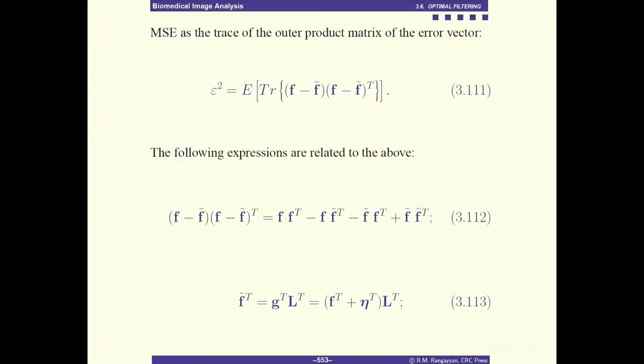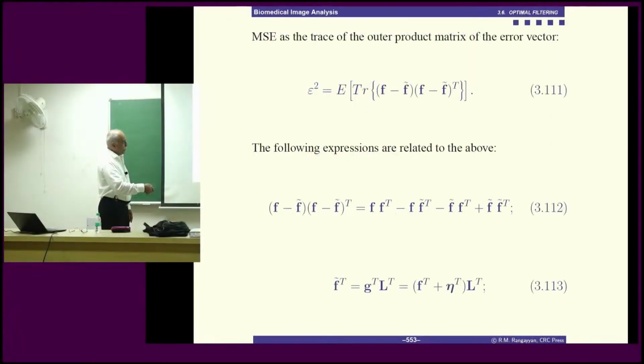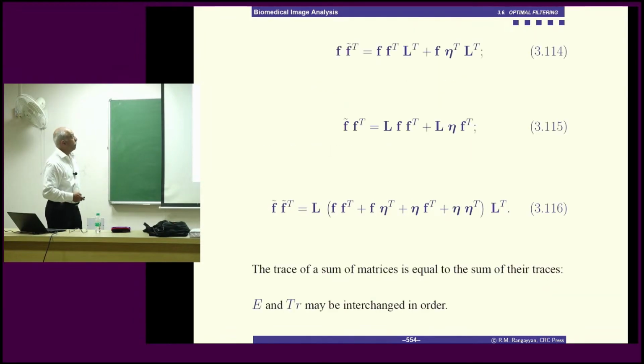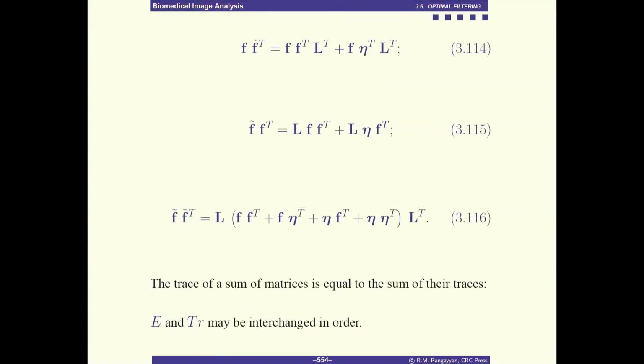And the transpose of F tilde is G transpose L transpose. F tilde is LG. Now the transposition is, each one is transposed and the whole thing is reversed. G transpose L transpose. G is F plus eta, L the filter. So now you expand each one of them. So you get all of these factors.